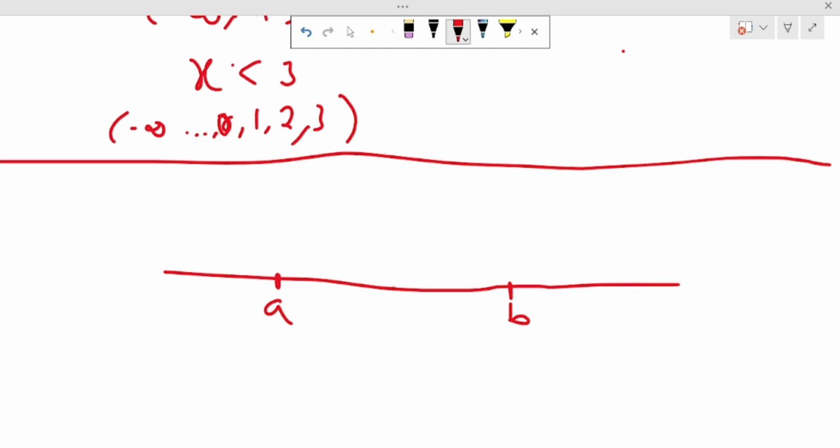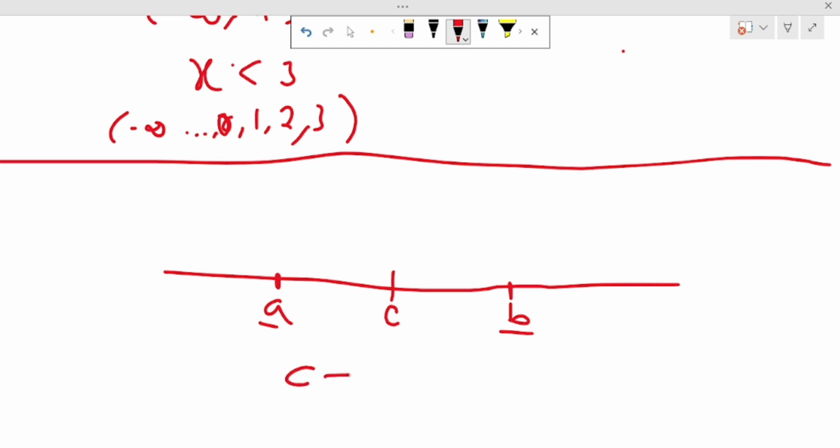Let's say we locate a point between these two real numbers. We divide these real numbers into two. Let's name that C. We can find C by adding A and B and dividing it by 2.